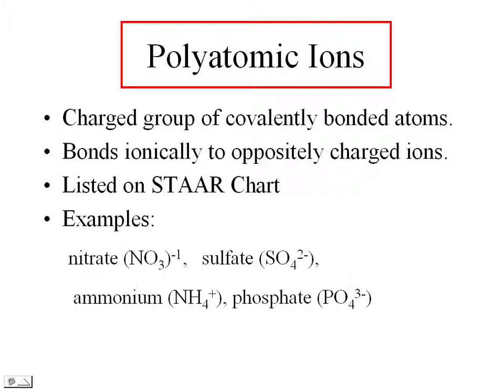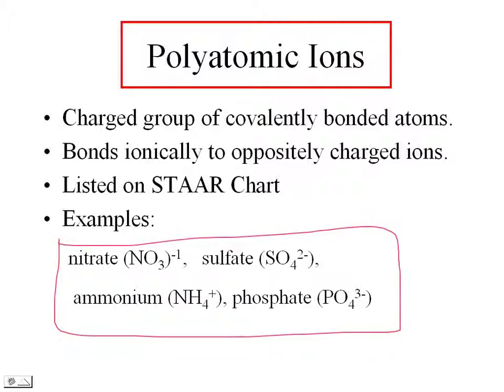One other thing that can make naming ionic compounds a little more complicated is these things called polyatomic ions. They're basically a charged group of covalently bonded atoms that works similar to an ion. So it's going to bond ionically to an oppositely charged ion, just like what we've seen before. The good news is that they're all listed on the star chart, so you don't have to memorize them. If you take a look at your star chart, you should see examples like these down here.